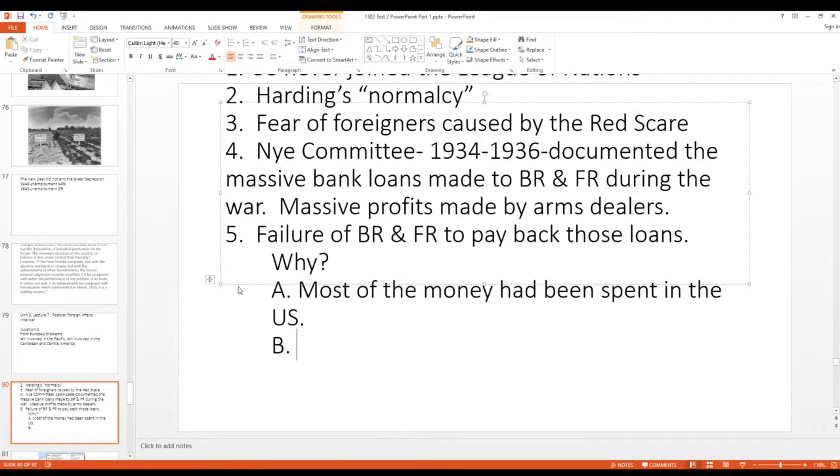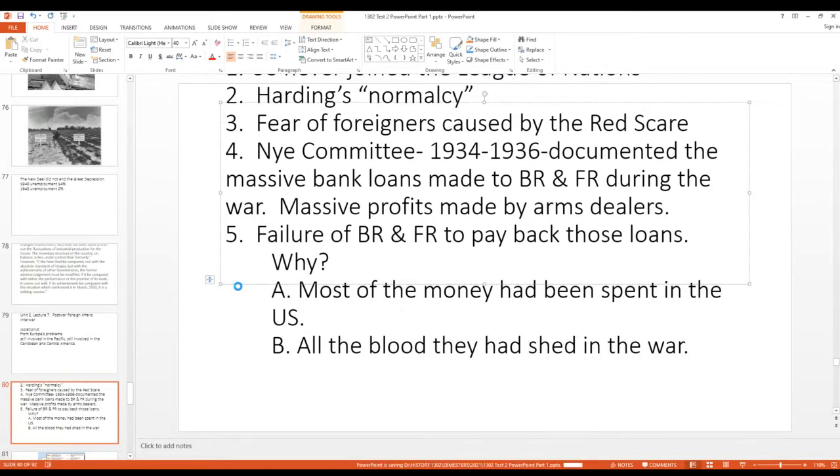Second, they felt that they had paid in blood. Again, 2 million French had died.